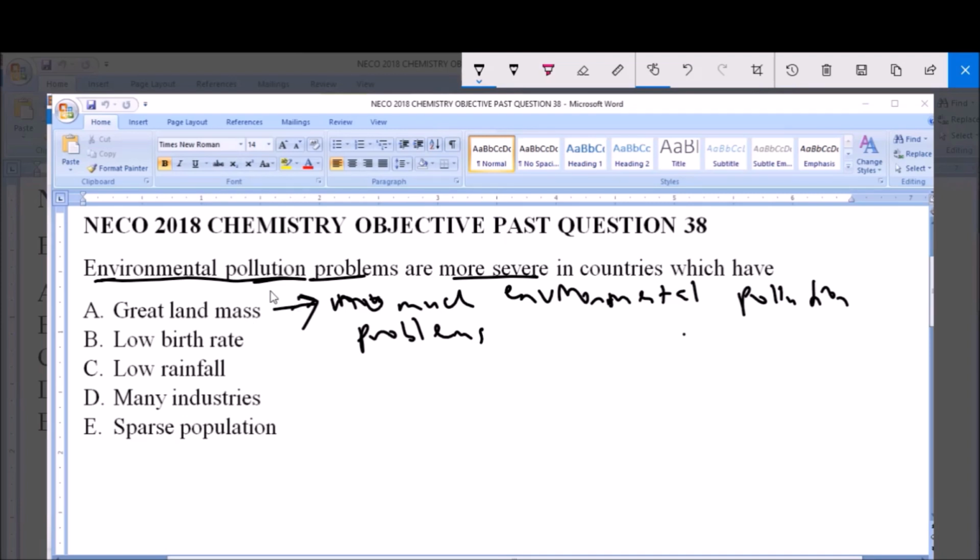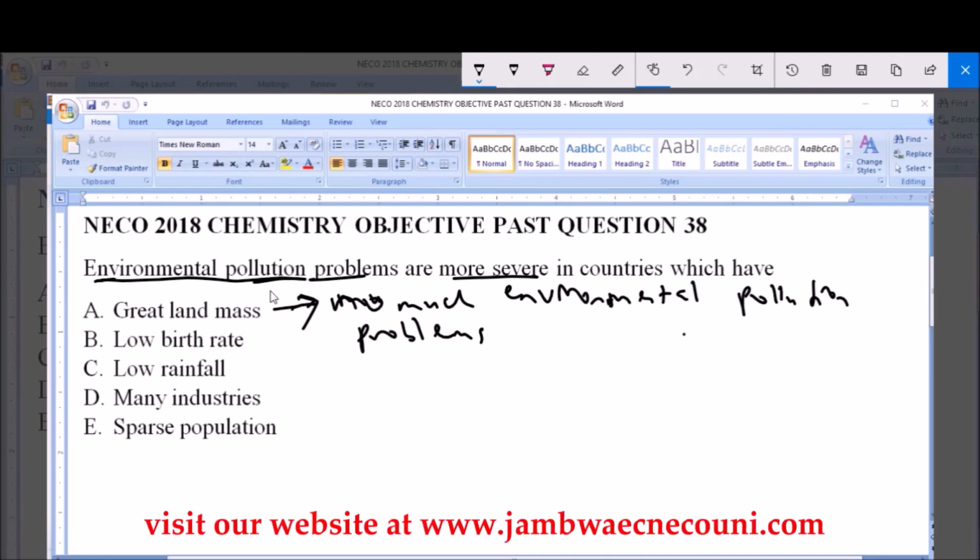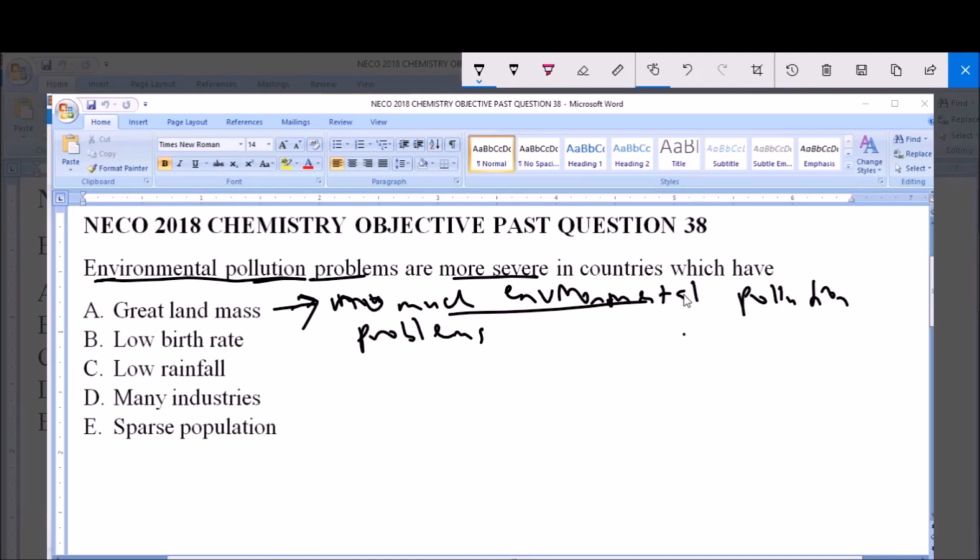So because you don't have industries located close to residential areas, there are no much problems of environmental pollution. The land is enough to be maximized and used for whatever purposes can be carried out without disturbing the environment. So option A, great landmass, is not the answer to the question.